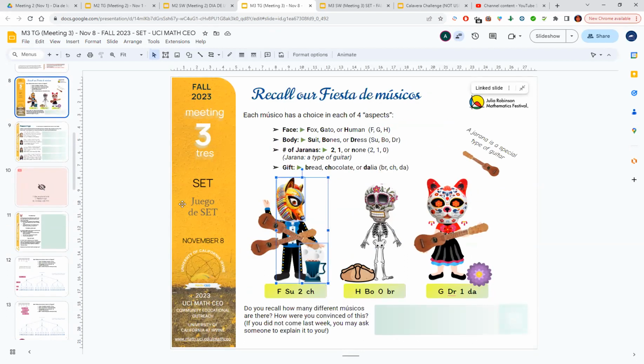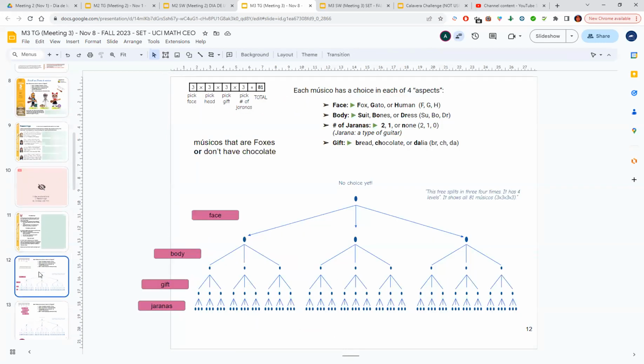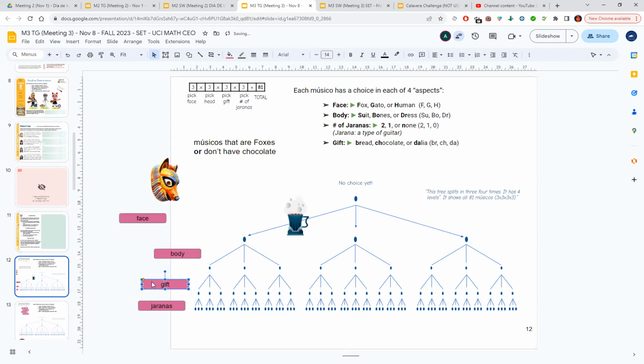So let's bring the fox and the chocolate. And let's try to make sense of this. And again, we can pick whichever order. For example, let's pick the chocolate first. So let's say chocolate is here for the gift, right? And let's say that the face is in the second choice. Might be easier. So that's usually the case.